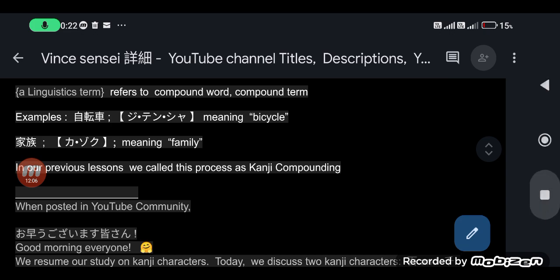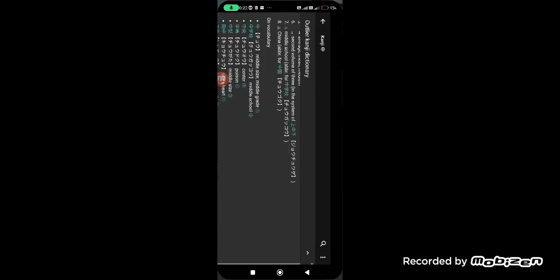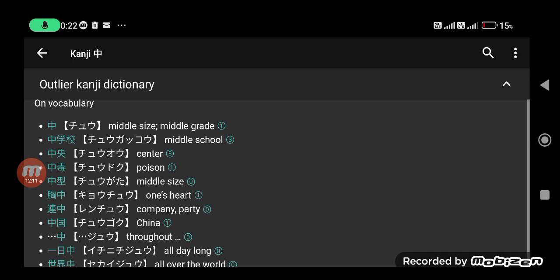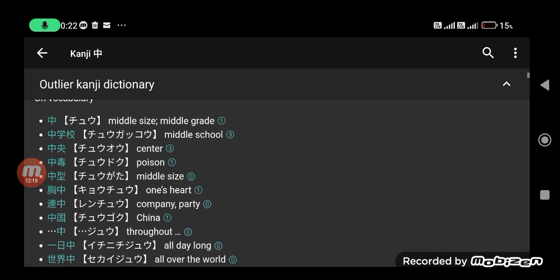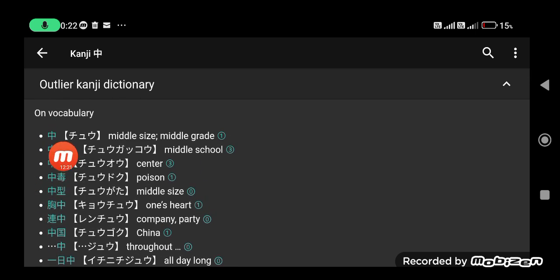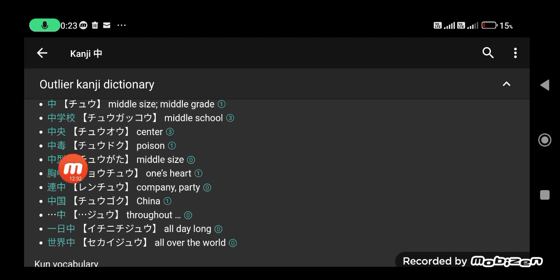So going back to our reference, let's start with our vocabulary. We need to expand our vocabulary. The onyomi is chu, middle size. Continuing: chudoku, poison.